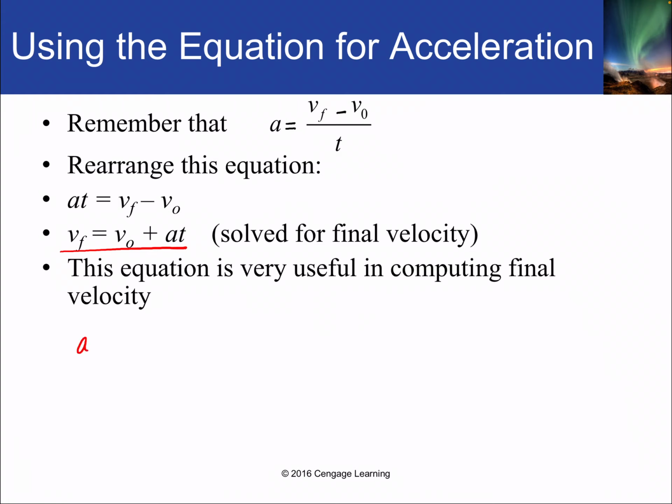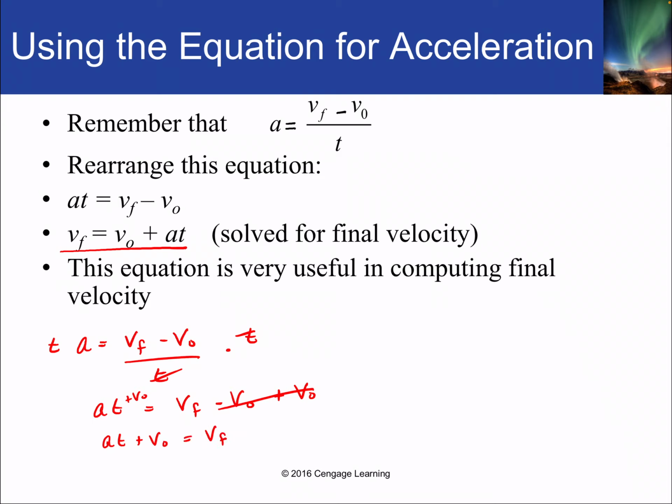So if we start off with acceleration is Vf minus V0 over t, first thing we're going to do is multiply both sides by t, and then we have at equals Vf minus V0. And we don't want V0 to be negative, so we're going to add V0 to both sides. That V0 is going to cancel. So we have at plus V0 equals Vf.